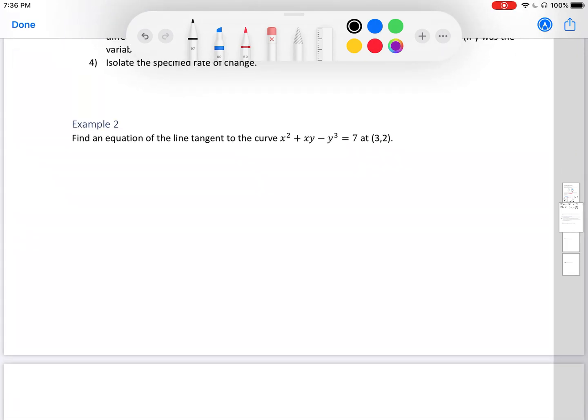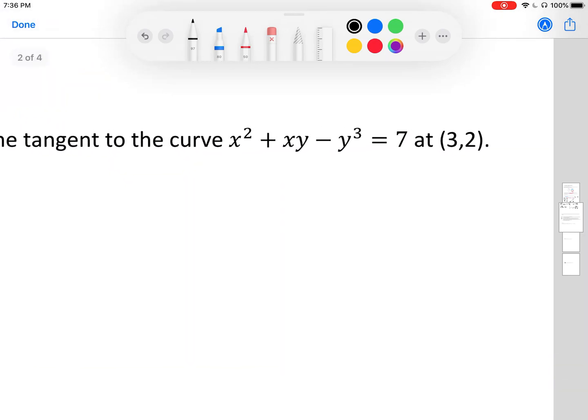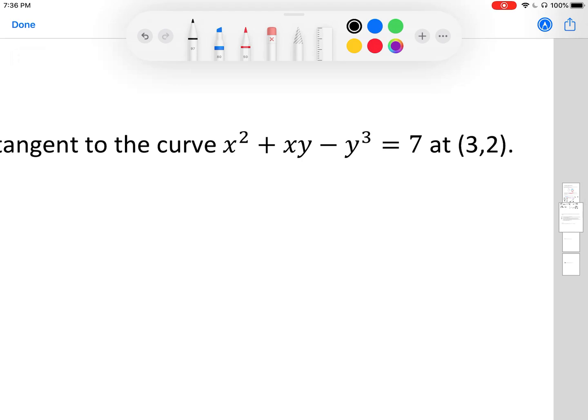So let's find the derivative of the equation. Our question 2 says, find the equation of the tangent line to the curve x squared plus xy plus y cubed equals 7 at (3, 2). So let's begin by finding the derivative. We can find the derivative of each term just like before on both sides of our equation, so that we have 2x. Now here, they're being multiplied, right?